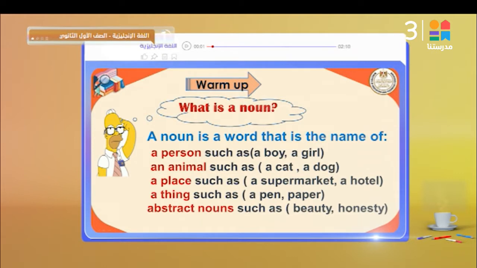It can be a thing such as a pen or paper. And it can be abstract things such as honesty, beauty, love. So what is a noun? It is a word that describes a person, an animal, a place, a thing, or an abstract noun.